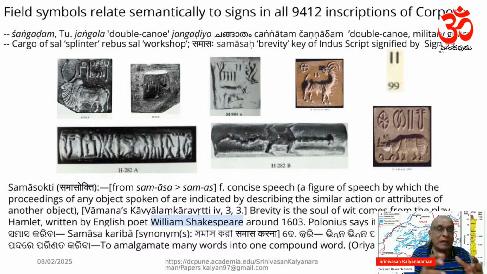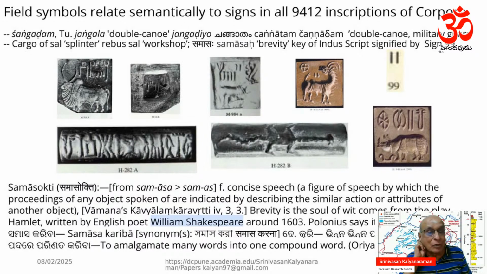Then only the meaning is complete. So the effective decipherment has to explain the symbols, the figures, the pictures of animals, the flora and the fauna, in the context of the text script. Then semantically, meaning will be realized by combining both the parts.